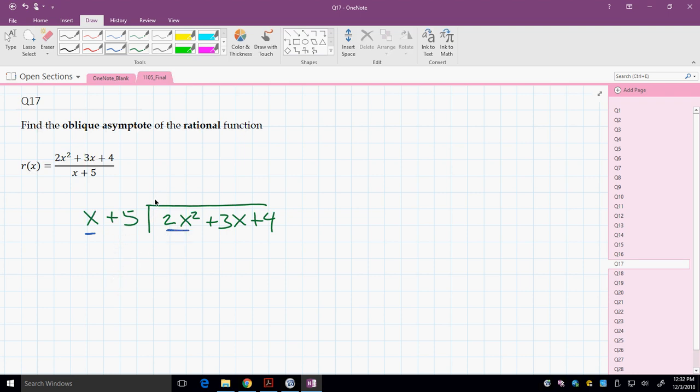So if we multiply by 2, 2 times 1 is going to be 2, and x times x is going to give me x squared. So 2x squared, and remember that always we need to multiply by a negative. We're going to flip the sign at the end, and then we multiply by 2 times 5 gives me positive 10x.